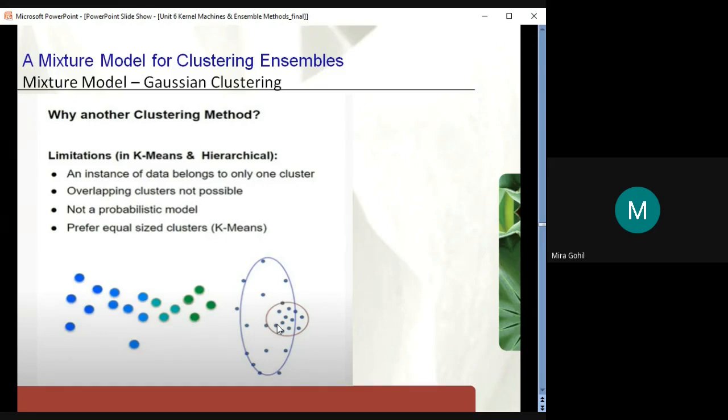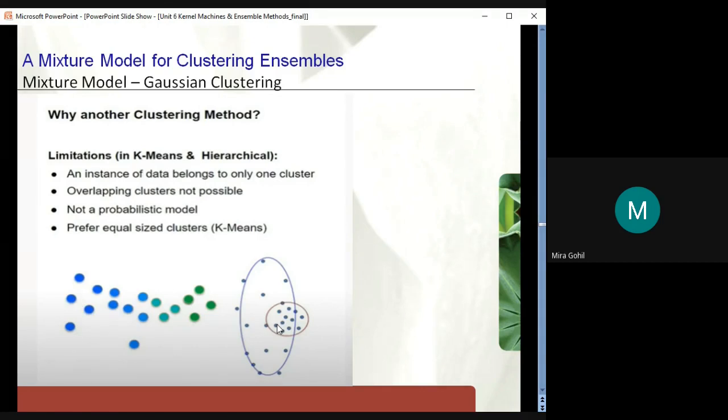Okay, there is no probabilistic model over here, so we are not having any probability assigned to that allocation of the cluster. So if I say that for this row the prediction is cluster 1, I cannot say this statement with some probability. Okay, with this probability I can say that the particular row will belong to cluster 1. So that is the other limitation of this hard clustering algorithm.